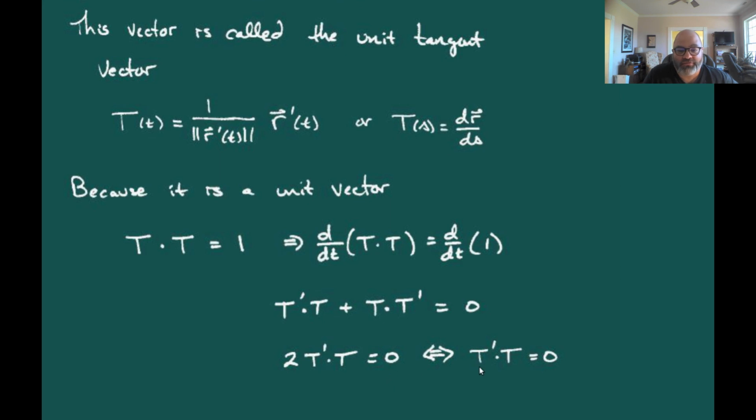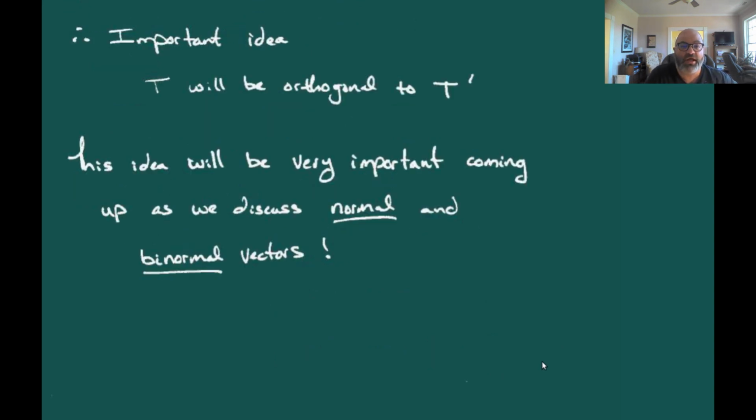What that gives us is that the derivative of the unit tangent vector dotted with the unit tangent vector is 0. And so the super important idea that we'll take away from this is that the unit tangent vector is going to be orthogonal to the derivative of the unit tangent vector.